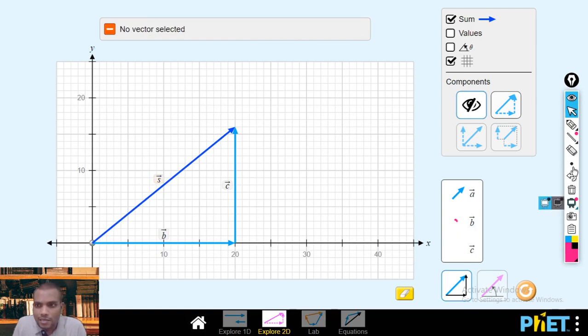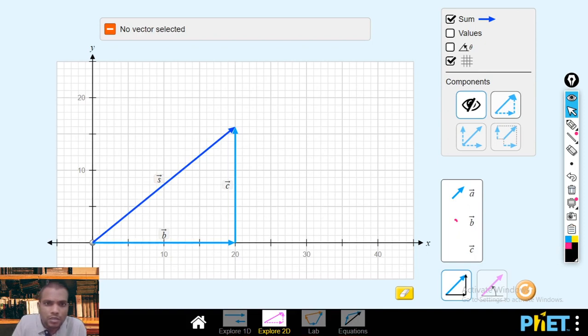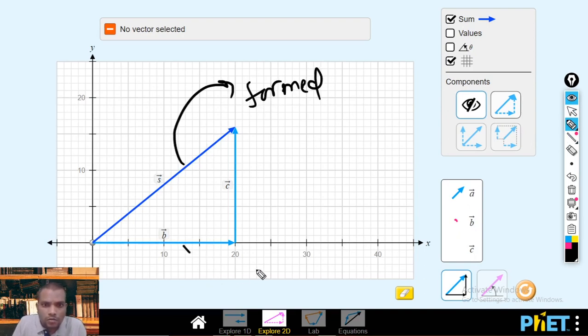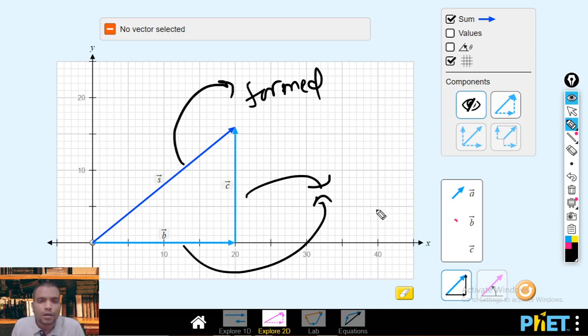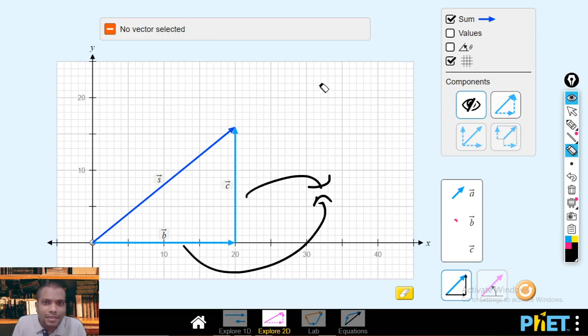Now s is the resolution, the s vector form. So s is formed because of b and c. Or in the opposite way you can say the s vector is resolved into two components.